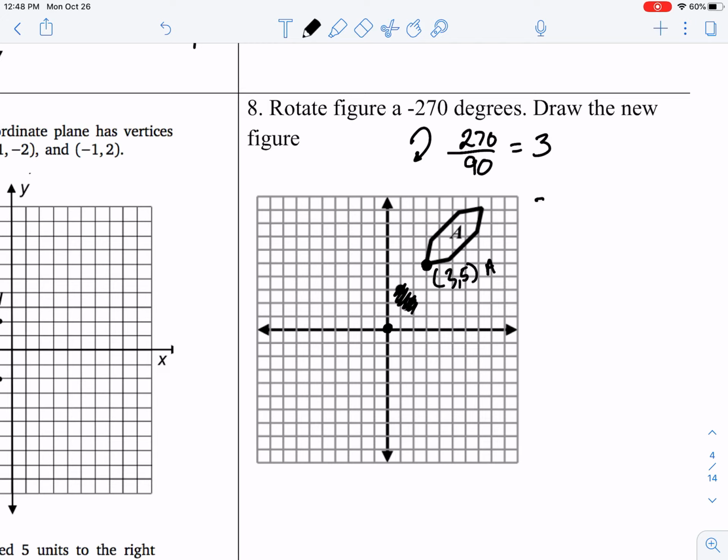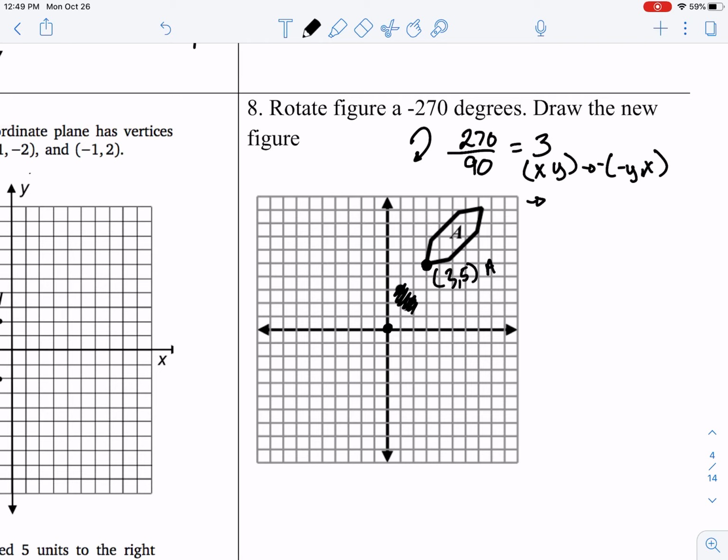So (3, 5). And remember (x, y) to (negative y, x). But because I'm rotating right, I'm going to have to bring in this negative at the beginning.